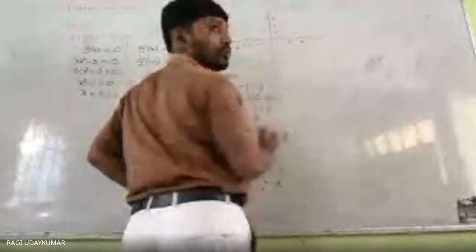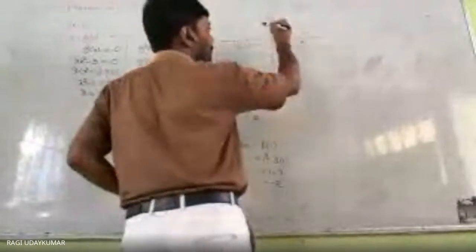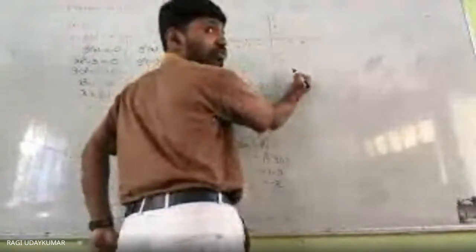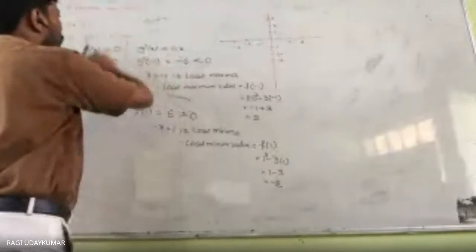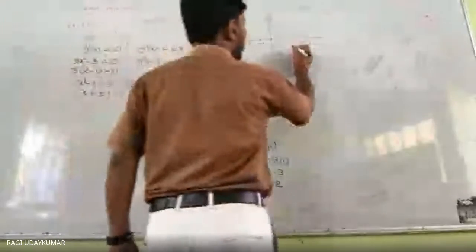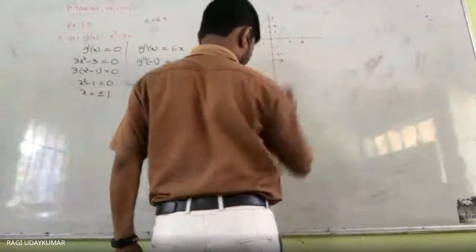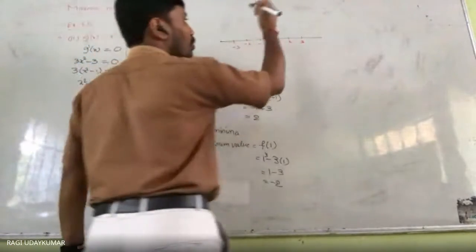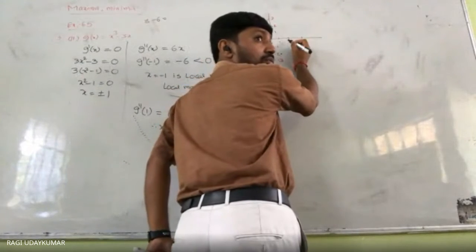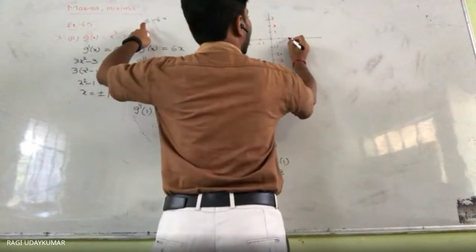Okay, 1 substitute कर लिया तो the value is -2. 2 substitute कर लिया तो 8 minus 6, 1 को -2 आ रहा है ना, 1 सब्स्टिट्यूट कर लिया तो -2, 2 सब्स्टिट्यूट कर लिया तो +2 आ रहा, सो इधर आए.